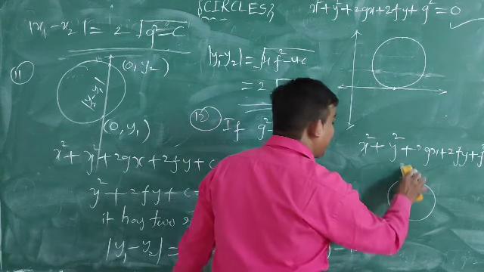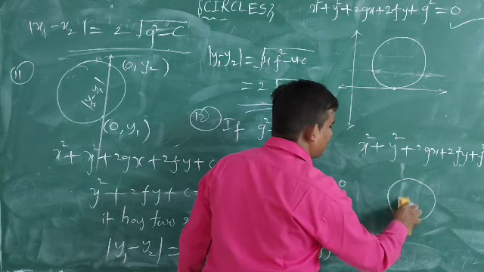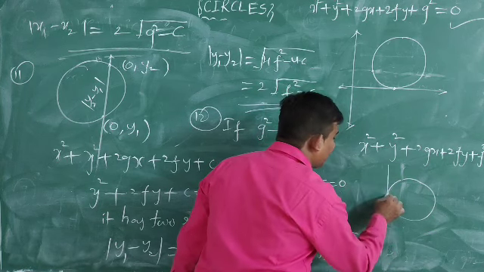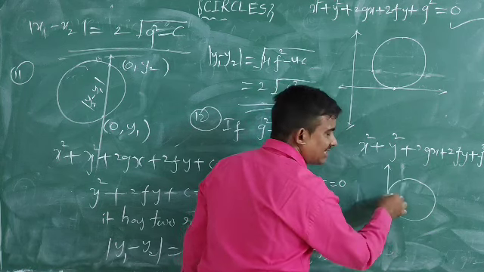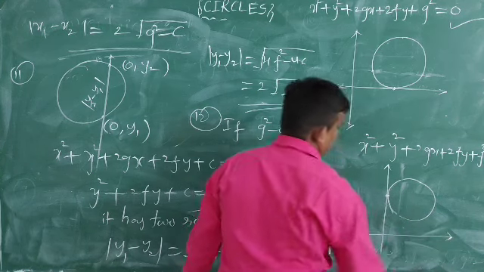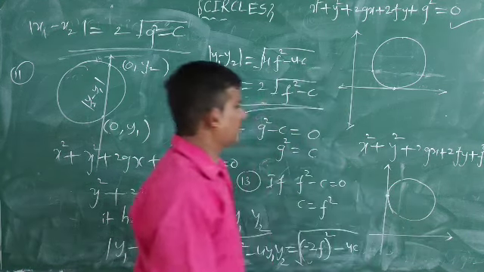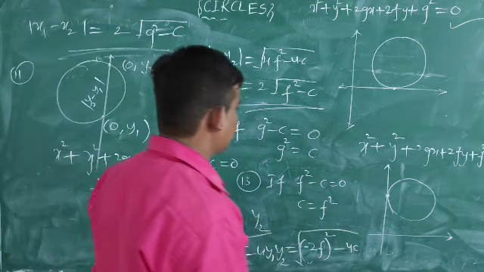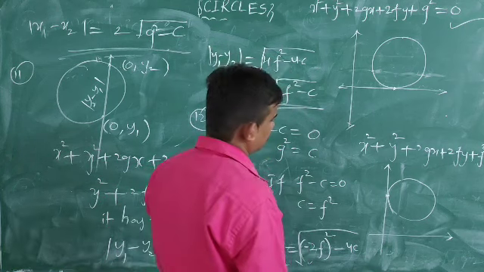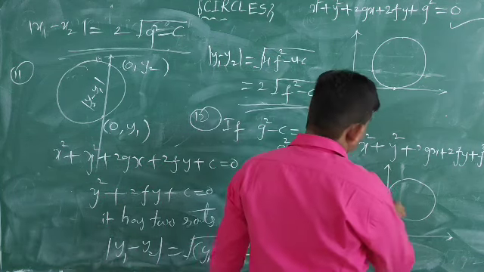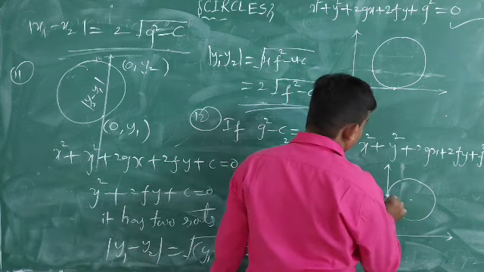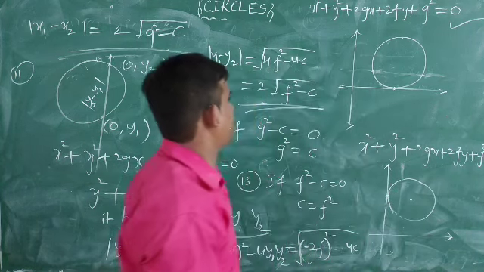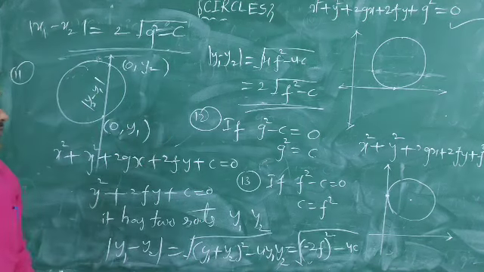But if we should not have a y-intercept, that means the y-intercept is equal to 0, then the y-axis touches the circle, maybe like this. If the circle touches the y-axis, its equation may be like this, and also this one. Okay, thank you.